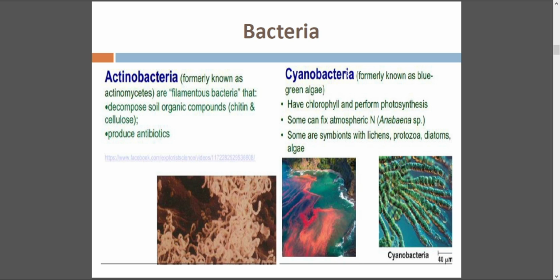Then we have cyanobacteria, formerly called the blue-green algae. These have chlorophyll, so they can perform photosynthesis, and they can also help fix atmospheric nitrogen into the soil. Some cyanobacteria or blue-green algae are symbionts with lichens, protozoa, diatoms, and algae.